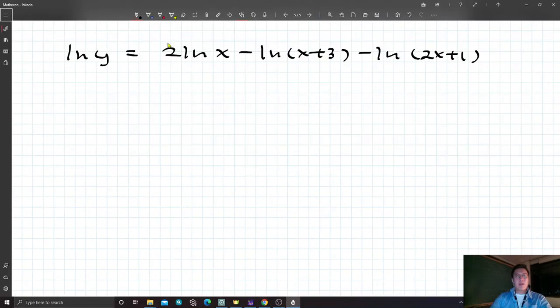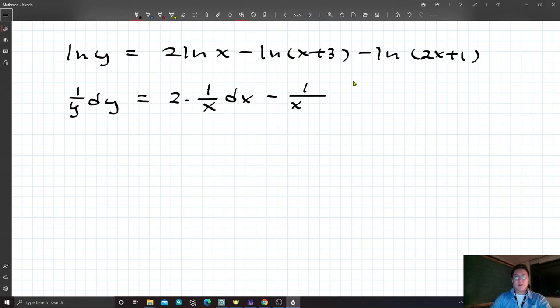If I take the total differential, ln y becomes 1 over y dy, and 2 ln x becomes 2 times the derivative of the natural logarithm, that is 1 over x, and dx. And the differential of minus ln x plus 3 is the derivative, so minus 1 over x plus 3.